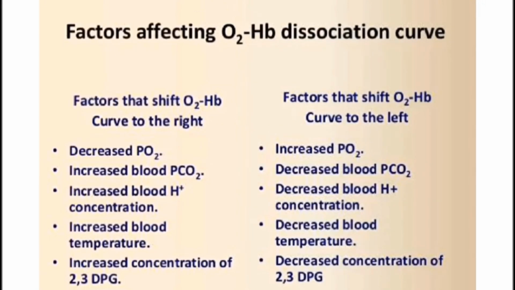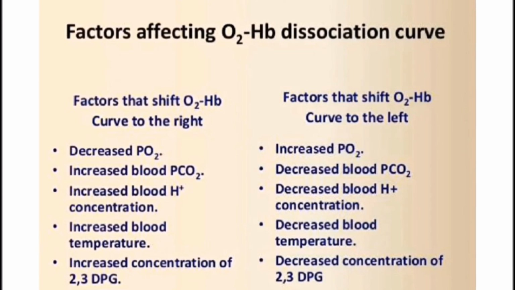Many factors are there. For the right shift, you can see decreased PO2, increased PCO2, increased H plus concentration, increased blood temperature, increased 2,3-DPG concentration. So mainly the right shift factors are concerned with the decreased affinity of oxygen for the hemoglobin, that is, dissociation actually.